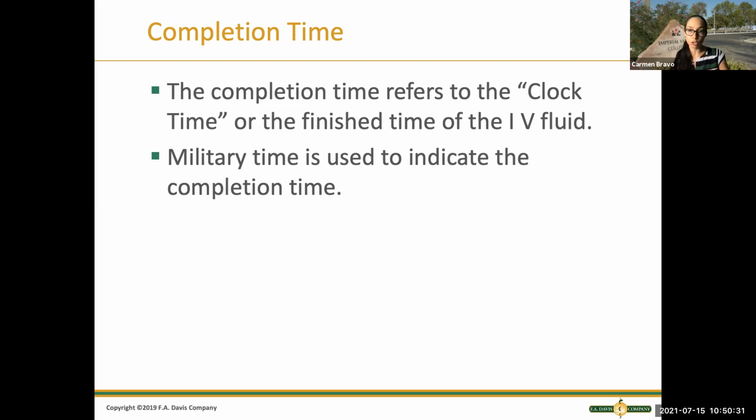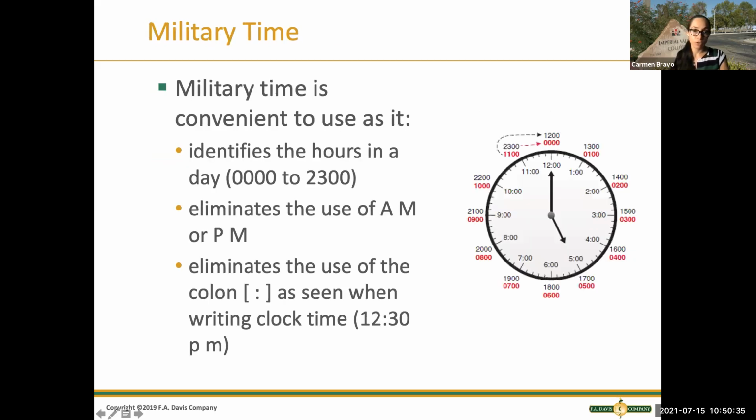This is where I told you guys that we use military time. It's more convenient. There's less chance of errors, it eliminates that colon, and we are always going to do military time in 4 digits, even if it's midnight, 0000. That's how you write it down.